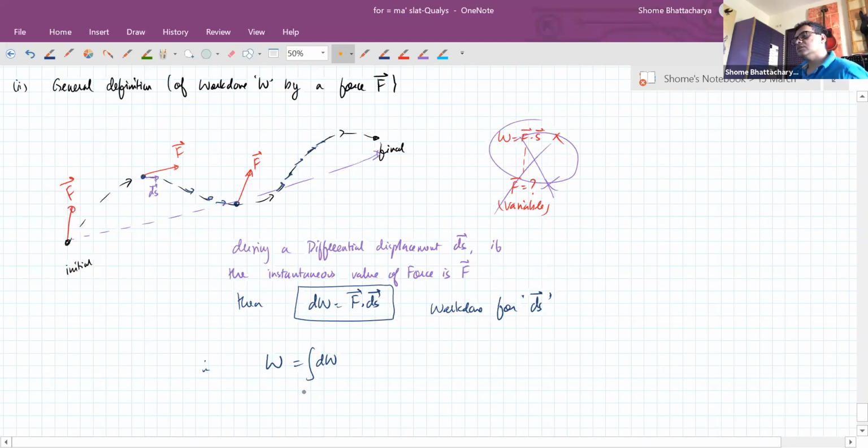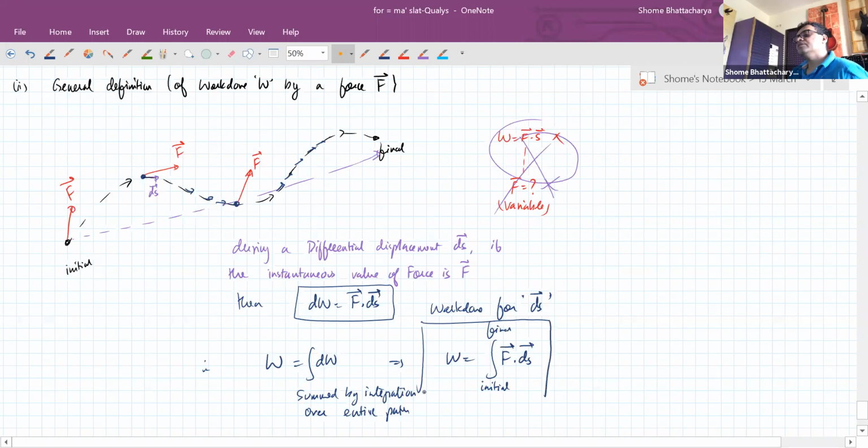This is summed up by integration over the entire path from initial to final position. So work done becomes the integration of F dot ds from initial to final position. This is the broader definition of work done.